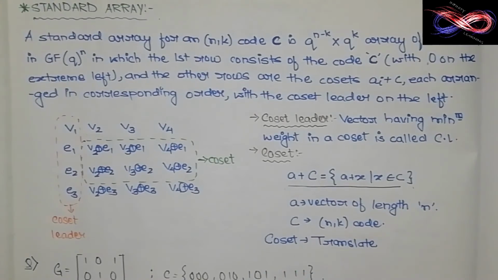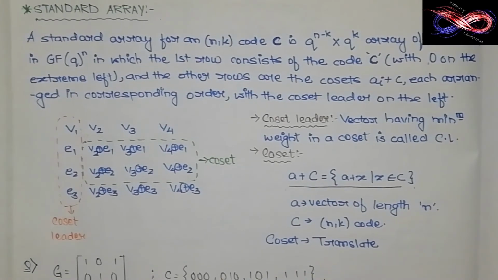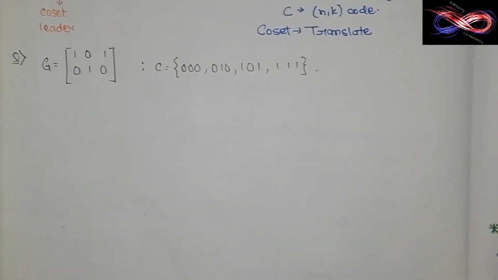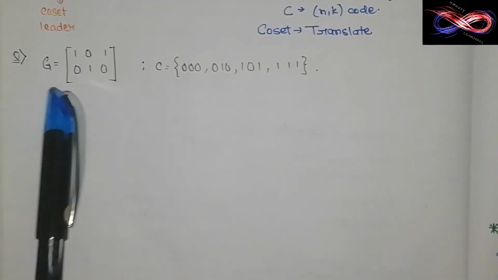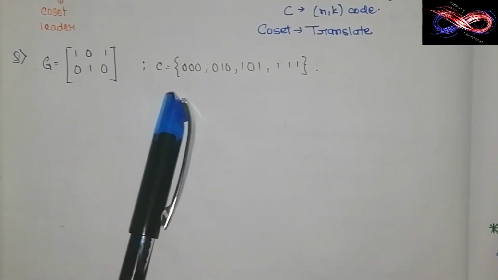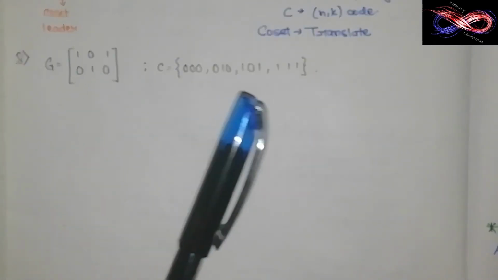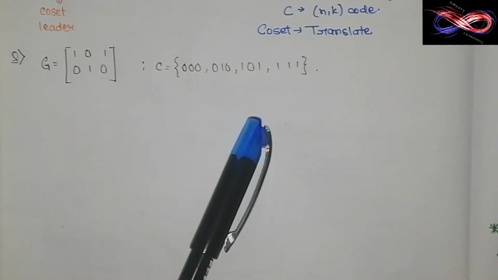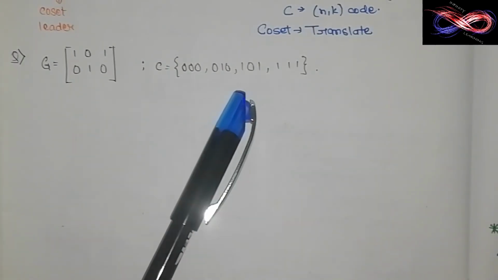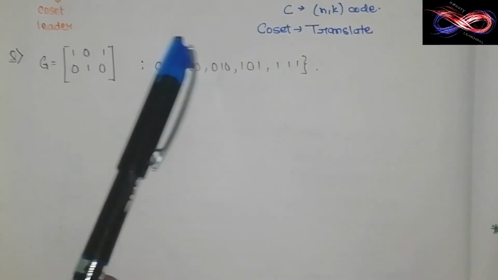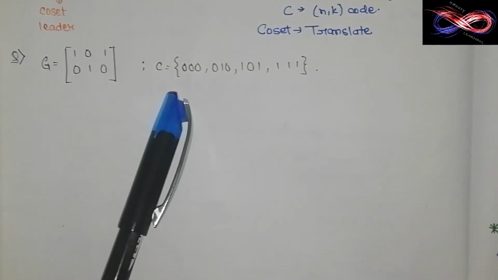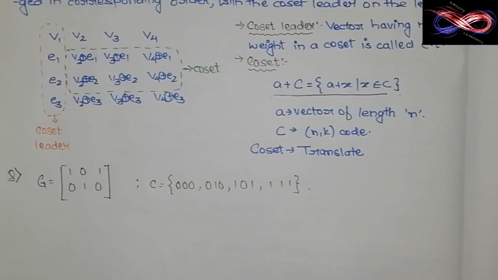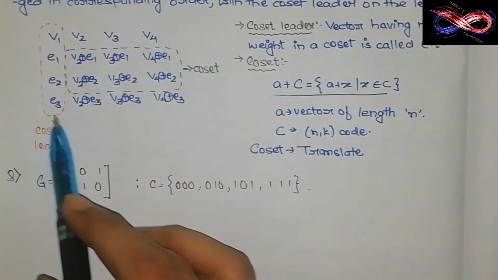Now we can solve a problem regarding the standard array. The question is given as the generator matrix is given and the code words are given, that means the codes that are transmitted are given to us. Now what we are going to do is make a standard array with coset leader and coset. You can see here I have given a format of the standard array.